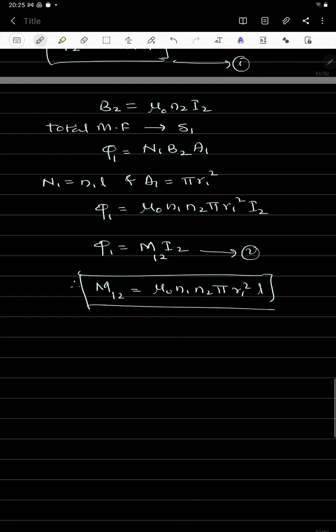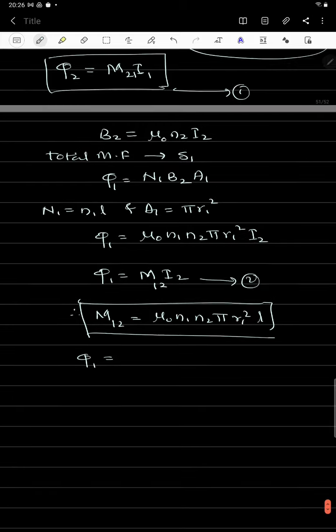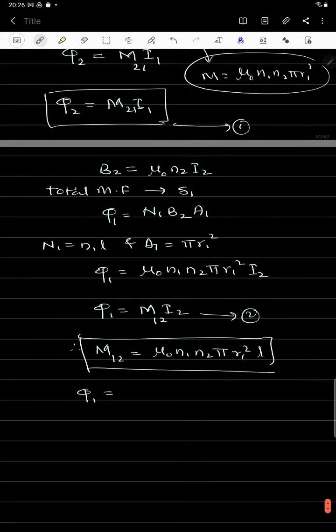And now what we'll do here, we will compare equation 1 and 2. Here we take this as M21 from equation 1, and we'll compare these equations.